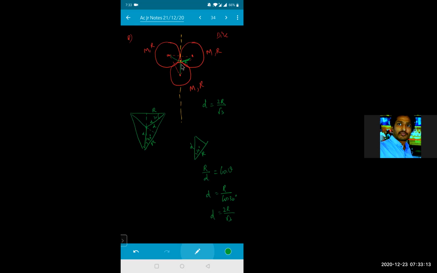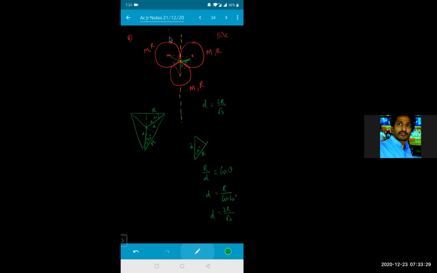Now we need to calculate the moment of inertia about the center. If I'm calculating for any one disk, I can apply the parallel axis theorem because I know the axis passing through the center. Take one more axis which passes through the center and is parallel to this one.